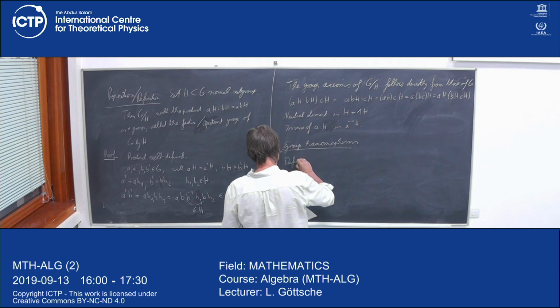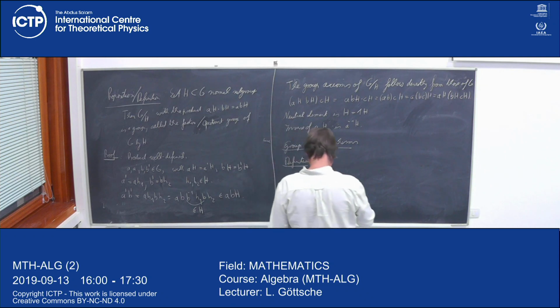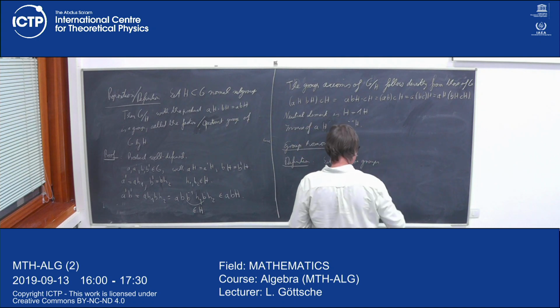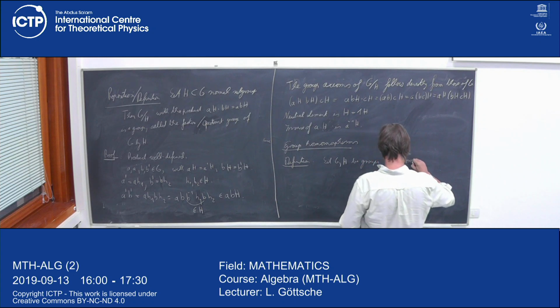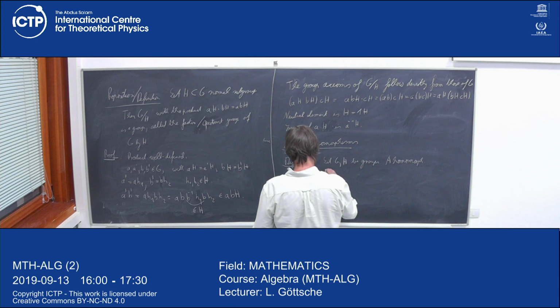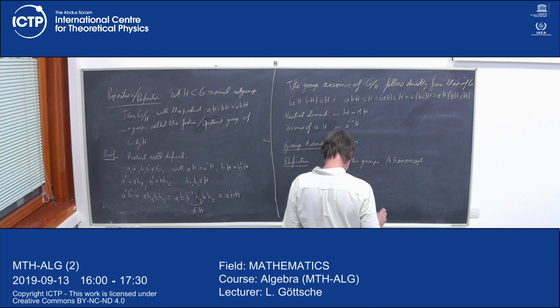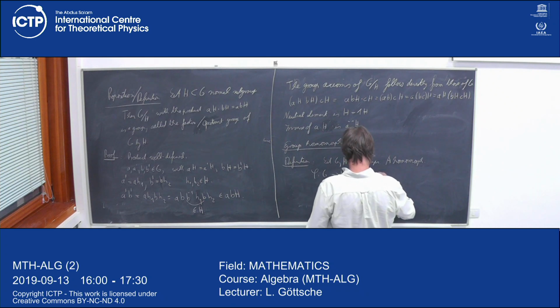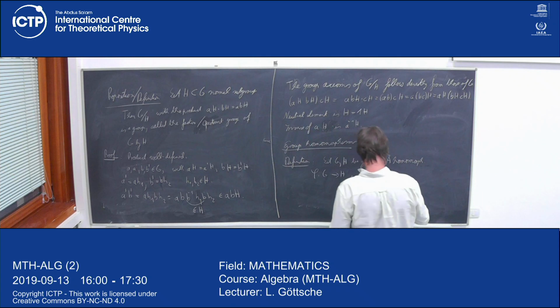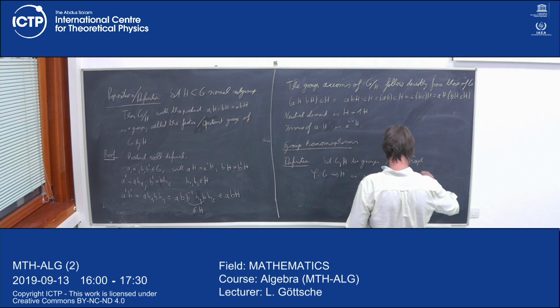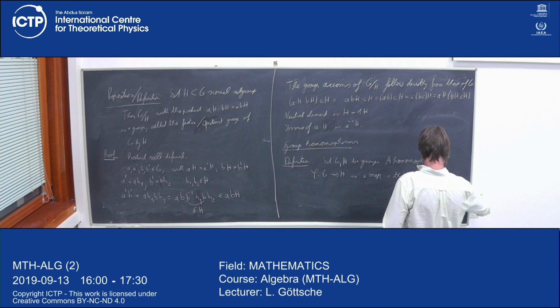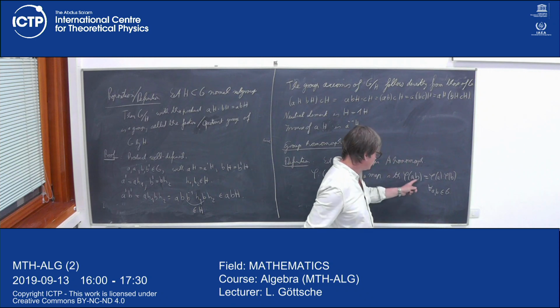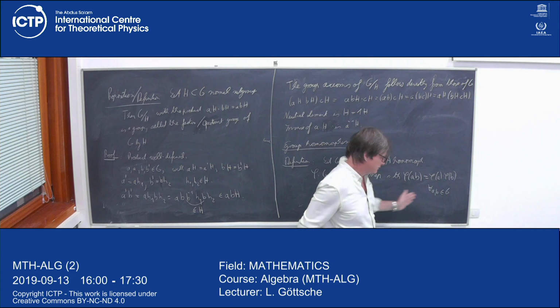Definition. So if G and H are groups, the homomorphism phi from G to H is a map from G to H which is compatible with multiplication, such that phi of ab is equal to phi of a times phi of b for all a, b in G. Obviously here we have the multiplication in G, here we have the multiplication in H. This is the compatibility.